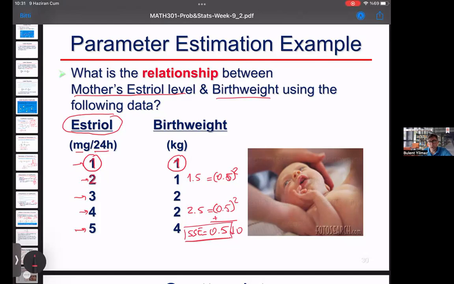Sum squared error or root mean squared error, there are different accuracy measures. Root mean squared error is another accuracy or error analysis tool. Relative error is another accuracy criterion. So you can use sum squared error and root mean squared error for your accuracy things.